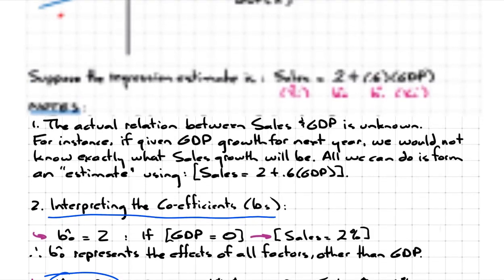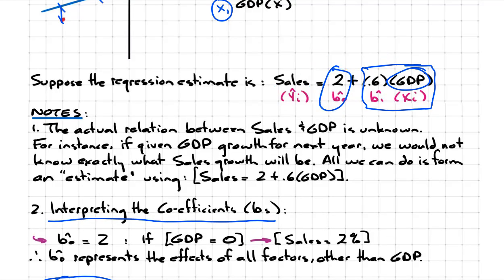So let's go check it out. And again, ladies and gentlemen, this is just nothing more than elementary algebra, right? So if this goes up by 1%, even if you don't know anything about sales and GDP, and actually even if you don't know anything about quads, it's right there.